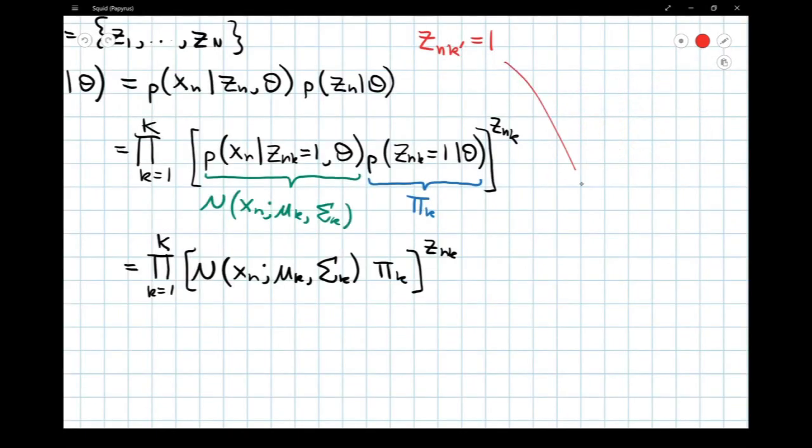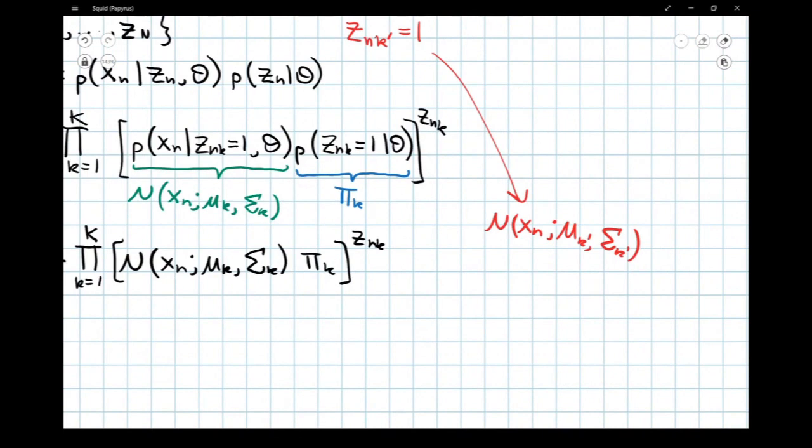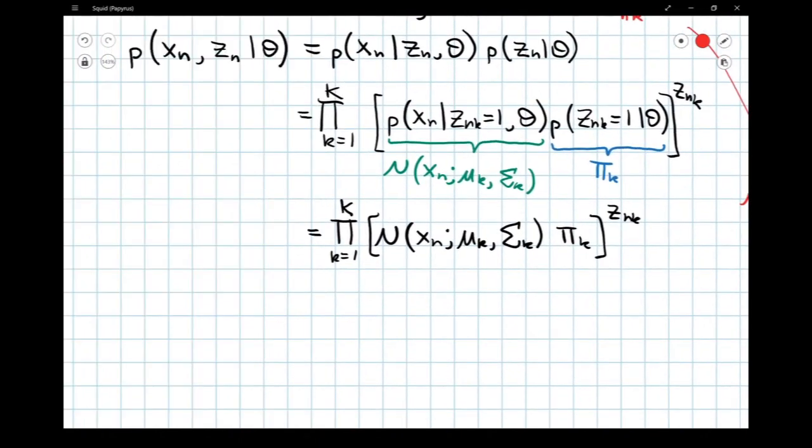Hopefully you can see that for this particular case, once we've multiplied over all our different Gaussians, we'd be left with the normal distribution of xn with mean mu k', covariance matrix sigma k', multiplied by pi k'. Okay? So that is our probability of xn and zn.